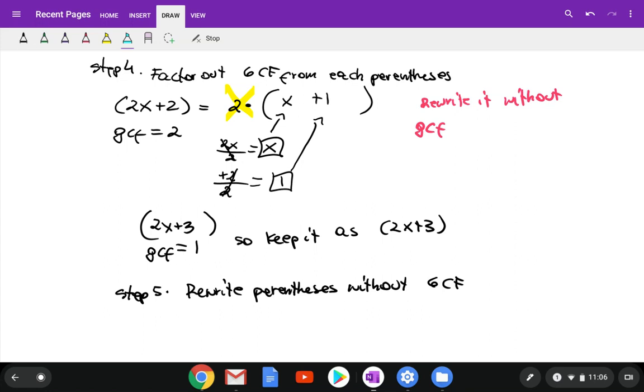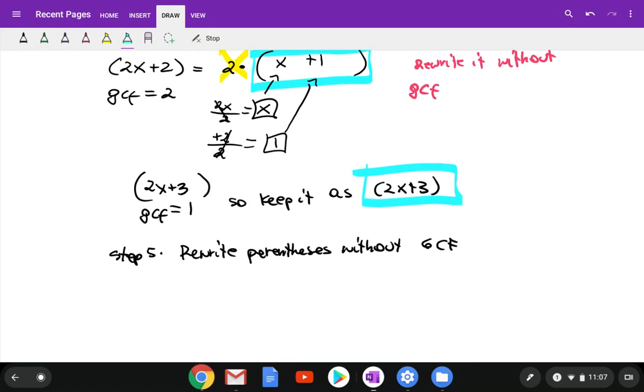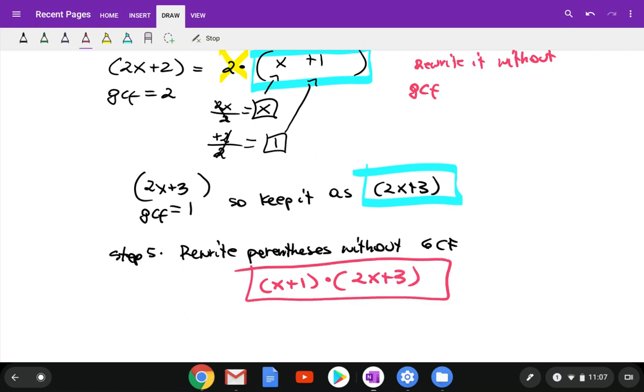So what we're going to do, we're going to rewrite that as x plus 1 times 2x plus 3. Okay, so we have it, that will be x plus 1 times 2x plus 3. And that's it. That's our final answer.